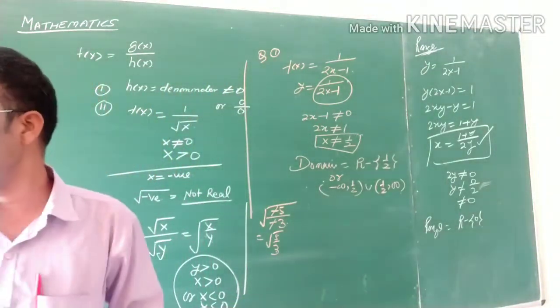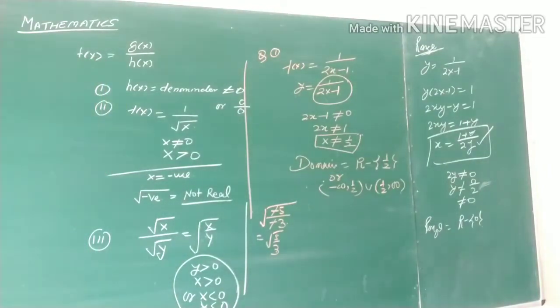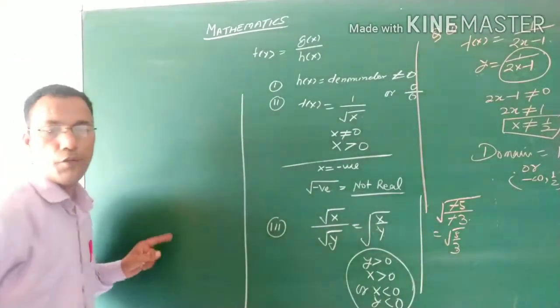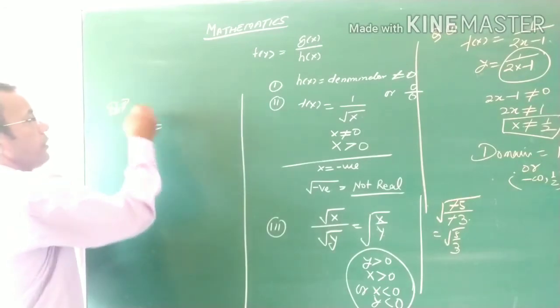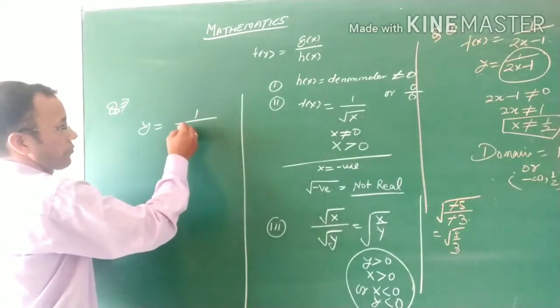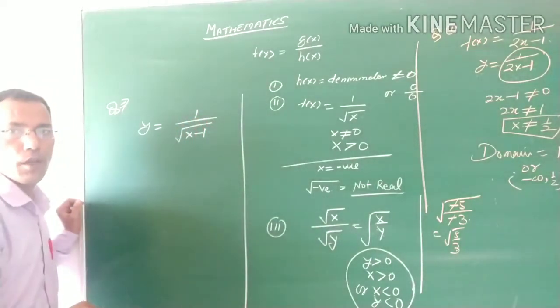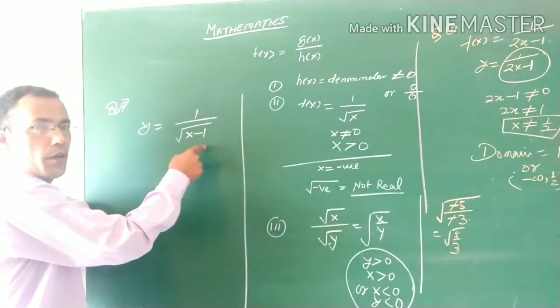If I put the value, see this one. Another question. If I write y is equal to, next question, 1 upon under root x minus 1. Example. Now see this one: 1 upon under root x minus 1, this is a square root.